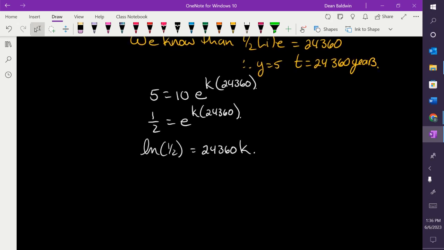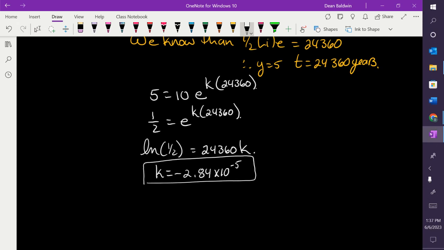And you're all going to tell me the answer. It's going to be a really small number. That's what you should get: negative 2.84 times 10 to the minus 5. Is that right?